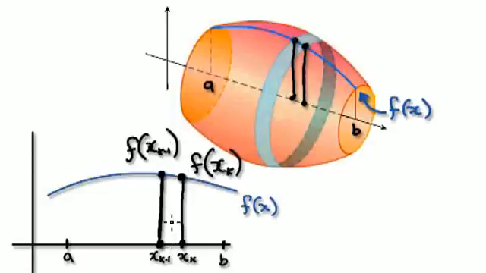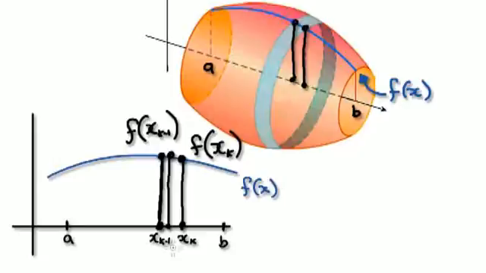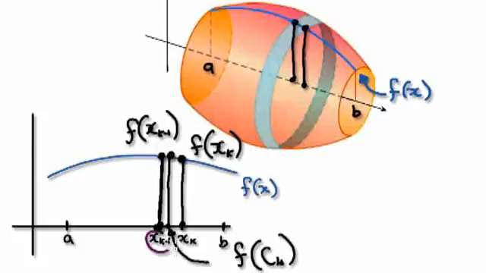We don't know where it is. Let's just say it's somewhere around here. So we would use the average of the two, and this average radius here would be f of, let's say, ck. We don't know where this c is, but we know it's somewhere in between here and here.